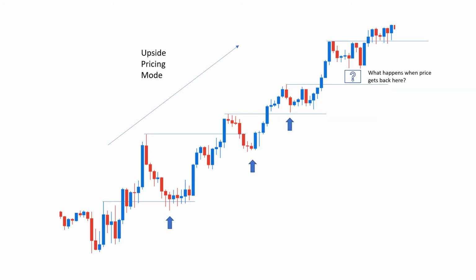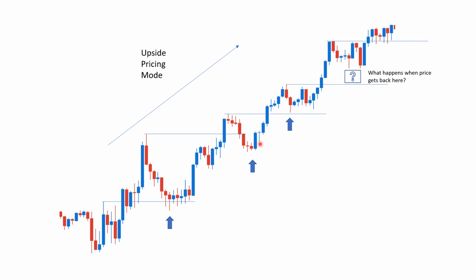All right, so here's another example. This one is just an upside pricing mode. I chose this because, first of all, it's upside pricing mode. It's pretty clear to me, but it's not as obvious. There's lots of noise in here. There's something going on in here.